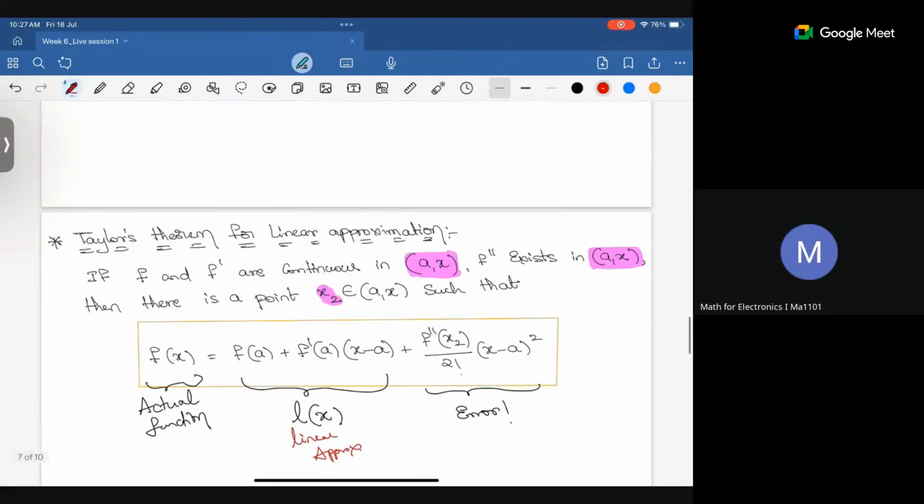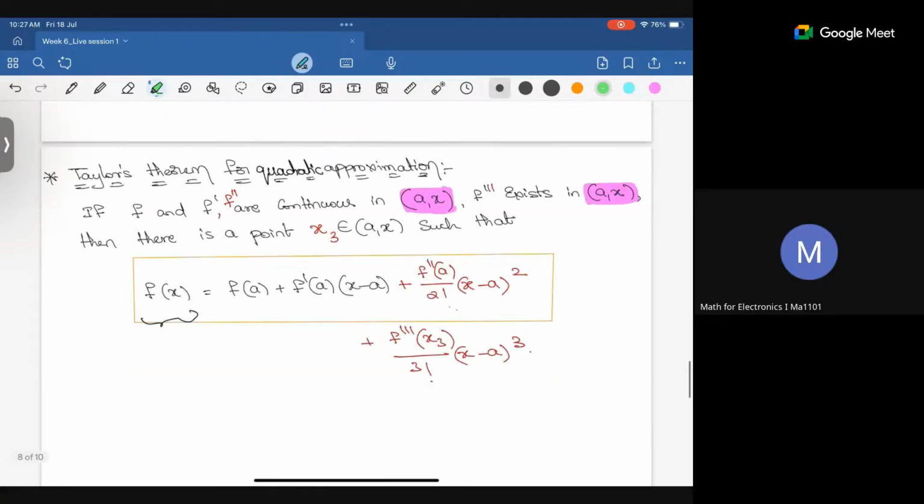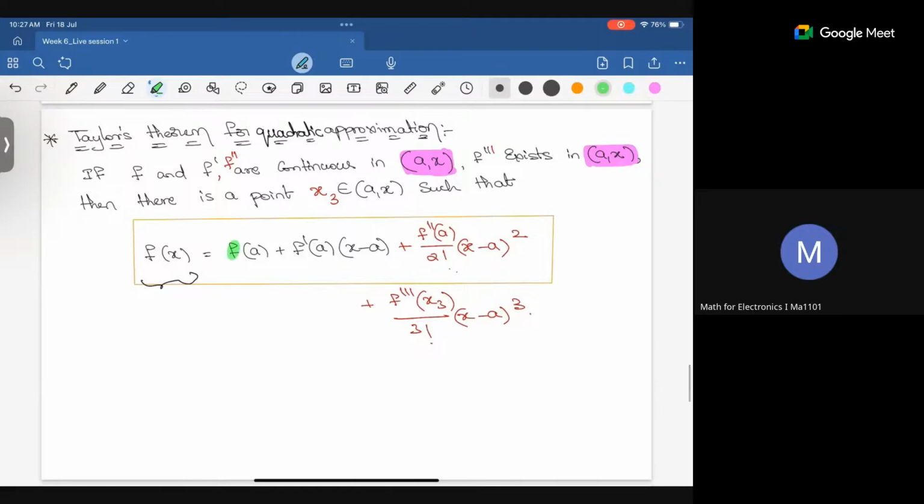Here we have used the information f of a and f prime of a, but here we have used f of a, f prime of a, and f double prime of a, because we know these three pieces of information. But the cost will increase. The time you spend or the energy, everything accounts to your cost. If you want a better approximation, then equivalently you should pay the cost.